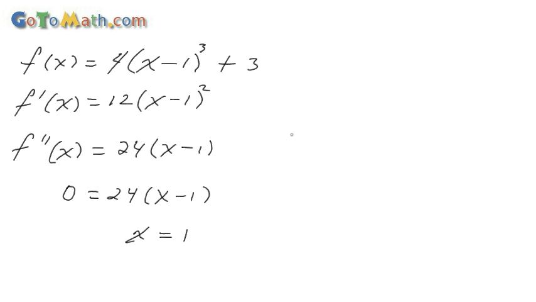Then we'll draw a number line and put 1 on the number line, and then we'll use a test point. This is just like increasing and decreasing. Let's use 0, which is always a good one, and our other test point will be 2.